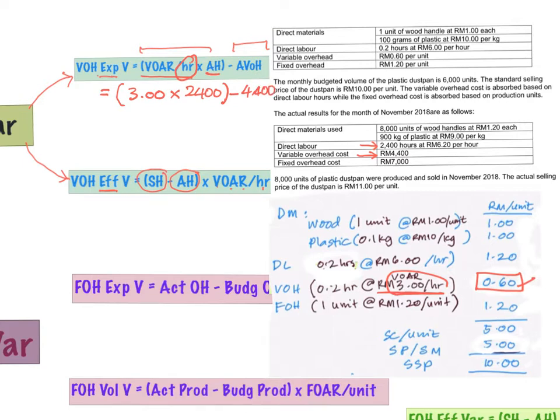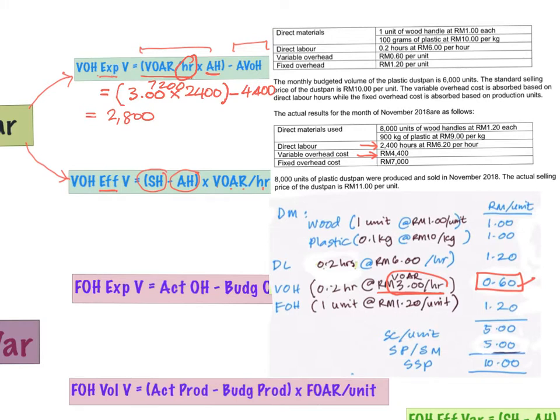Okay, so when you solve this, you are going to get the amount of 2,800. So when you calculate 3 times 2,400, you will get 7,200 here.